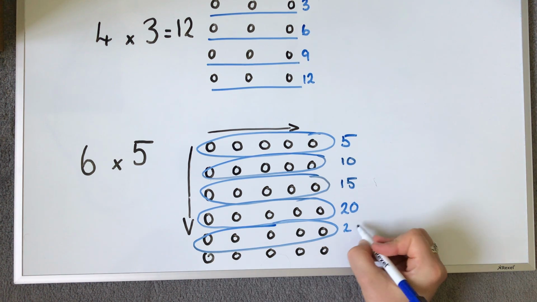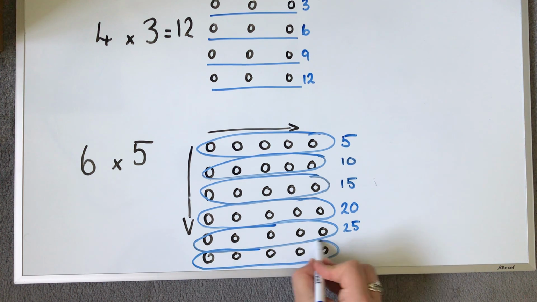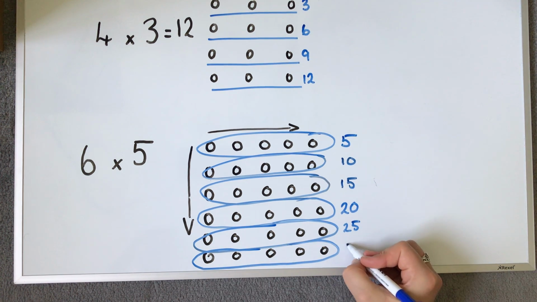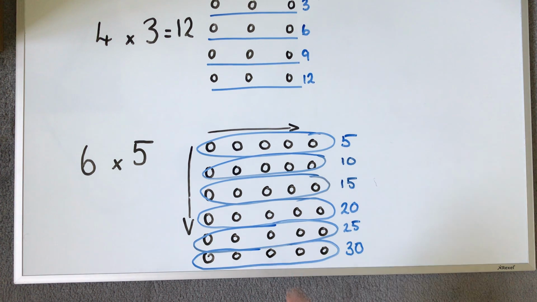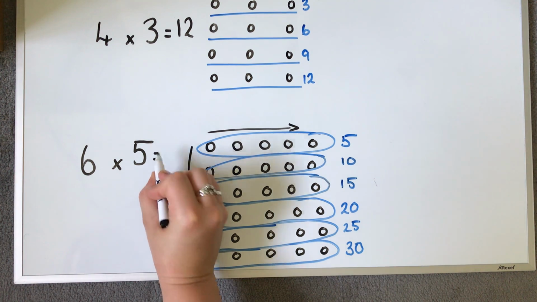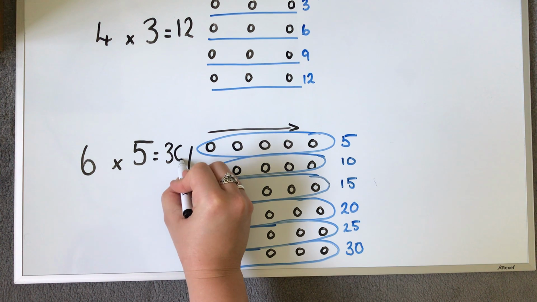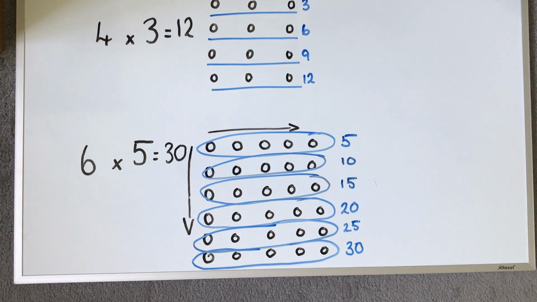Fifth row gives us 25. And the sixth row would give us 30. So, when I went shopping and I got 6 bags of 5 apples, I bought 30 apples in total.